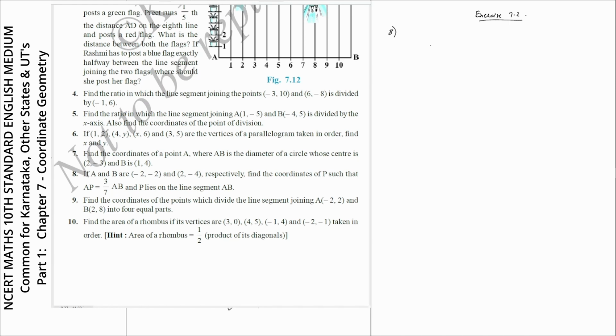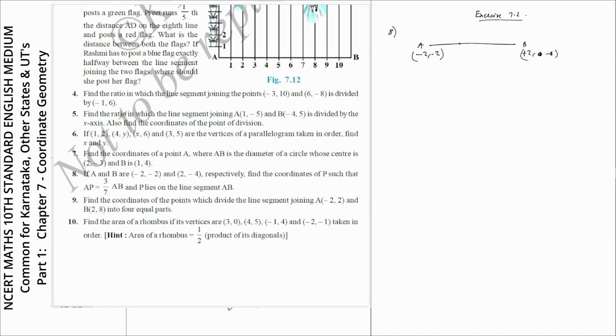So there is line AB, and the coordinates of A are (-2, -2) and the coordinates of B are (2, -4).